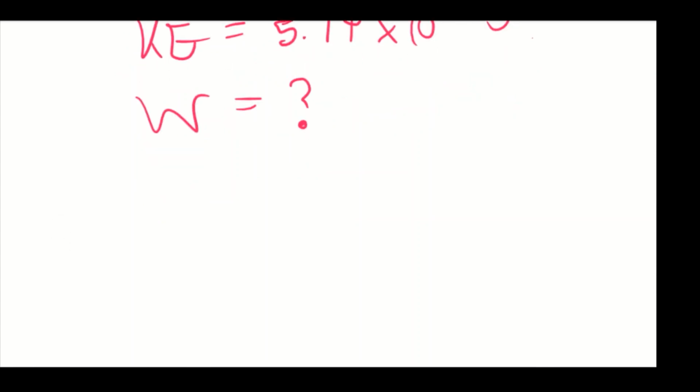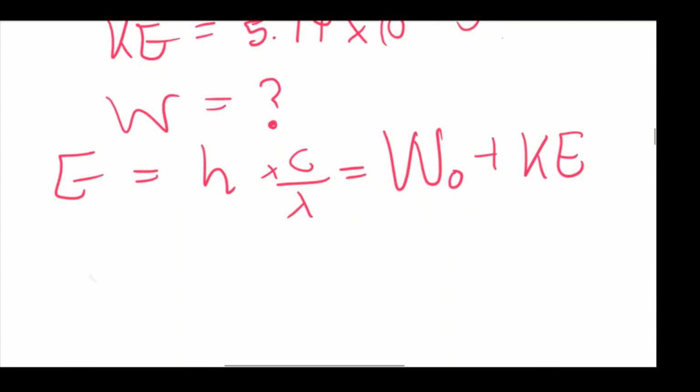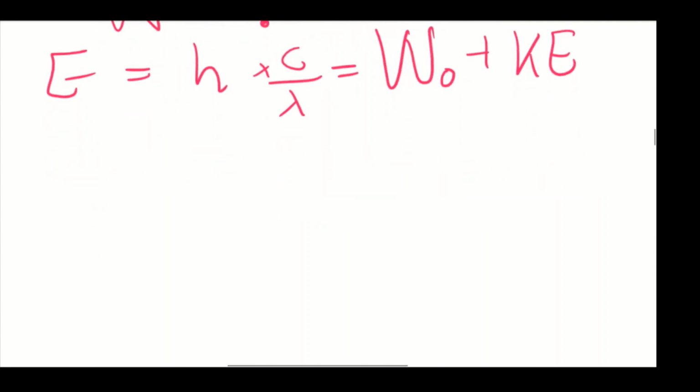So for us to do that, we'll use the equation of energy equals h, which is Planck's constant, multiplied by c over lambda, which is also equal to the work function plus kinetic energy. This formula you can find at the back of your script in the formula sheet, right?